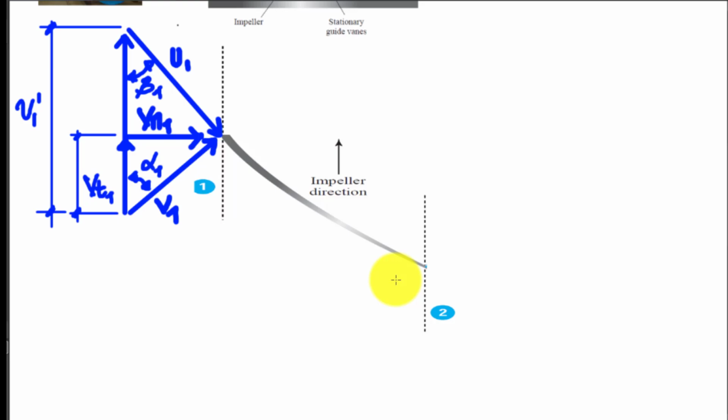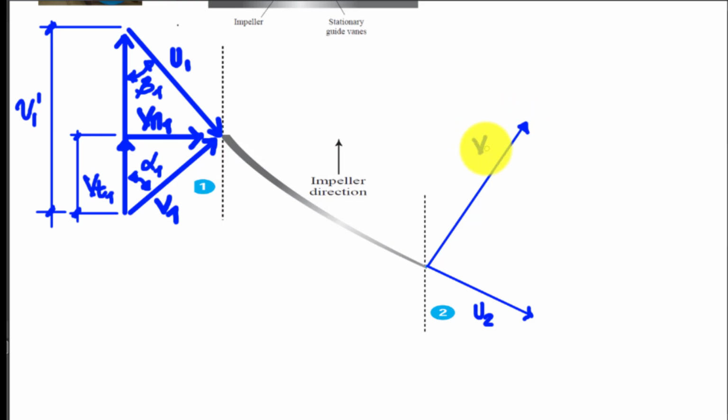Now at point 2, which is leaving the vane. Again, remembering from our previous lecture, for moving vanes, entering and leaving the vane will be at the relative velocity. So we have here a leaving velocity, which is the relative velocity. This is represented by u sub 2. And then we have here the absolute velocity.